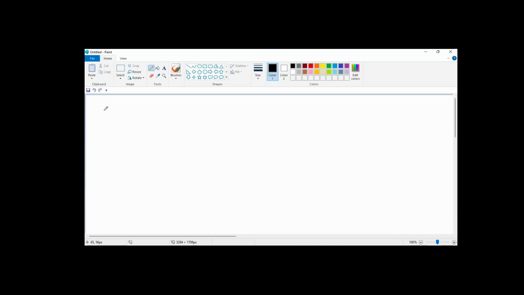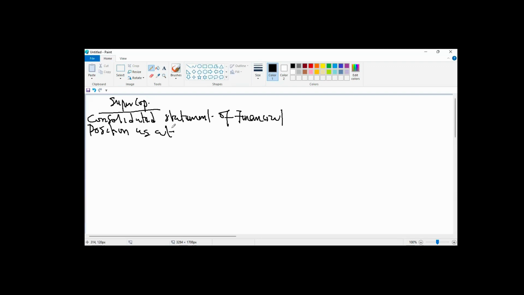Super Core, consolidated statements of financial position as at 31st December.